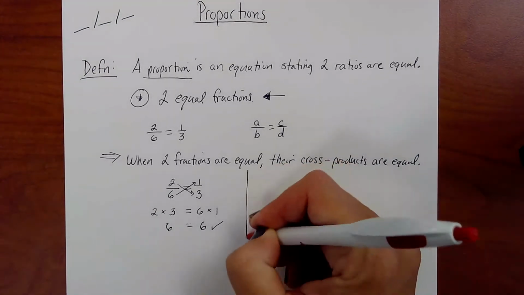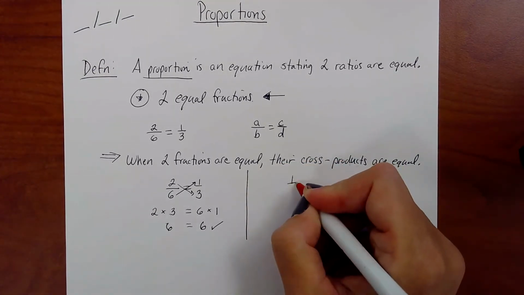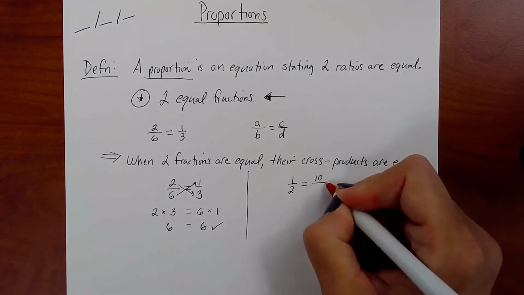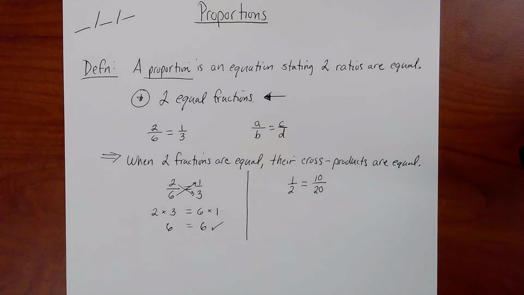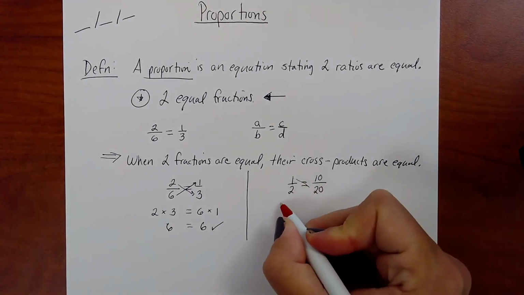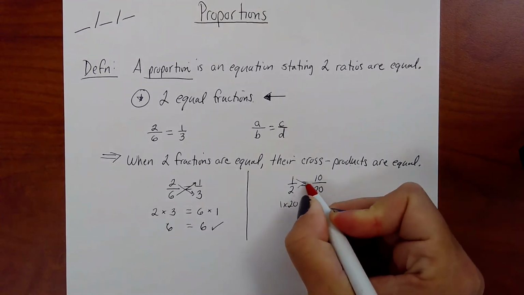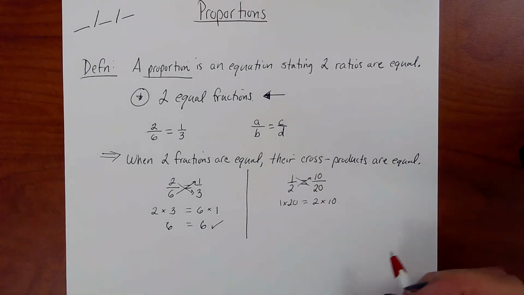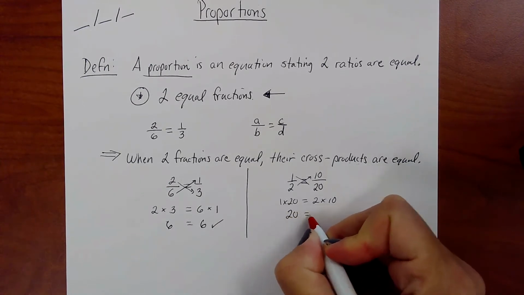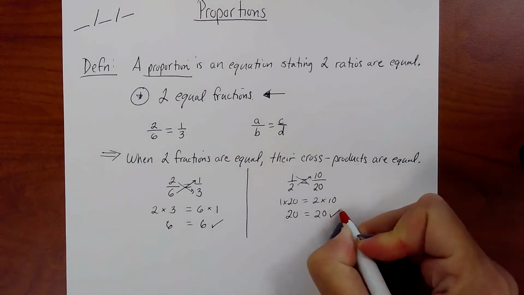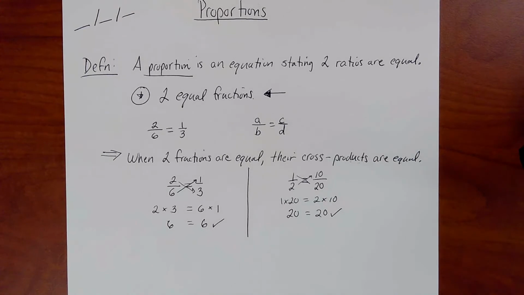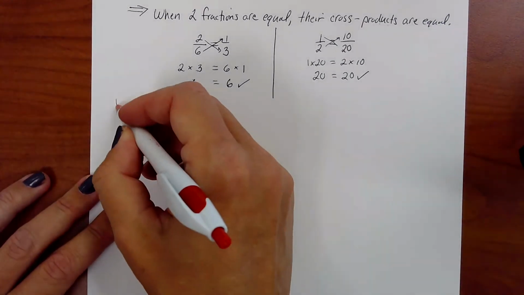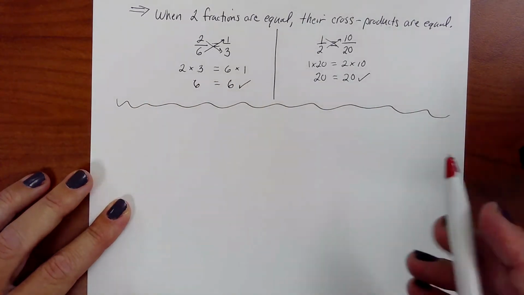I'll make up another one. Let's say we've got a half. What's equal to a half? I don't know, 10 over 20? That's a half. Now let's check. 1 times 20. Does that equal 2 times 10? I think it does, right? 1 times 20 is 20. 2 times 10 is 20. That works.